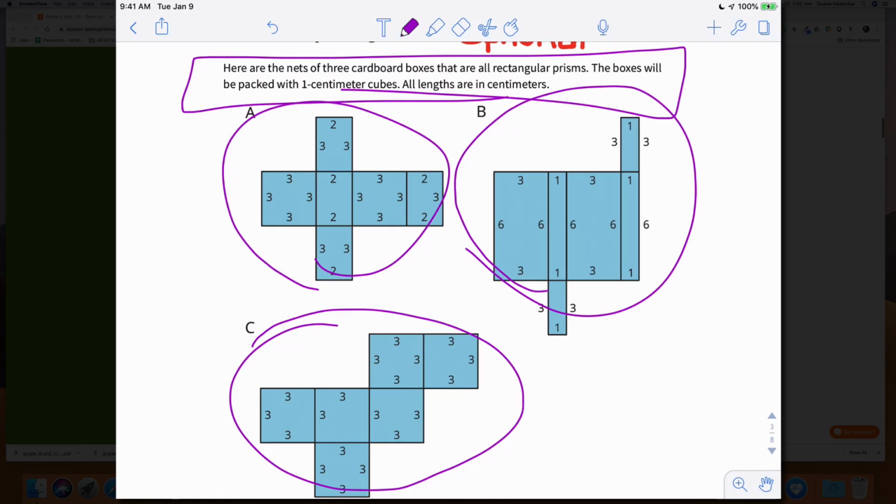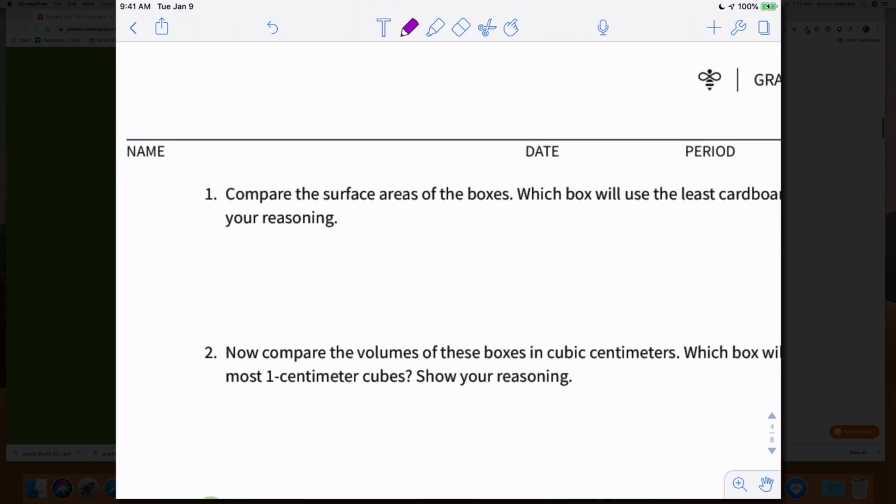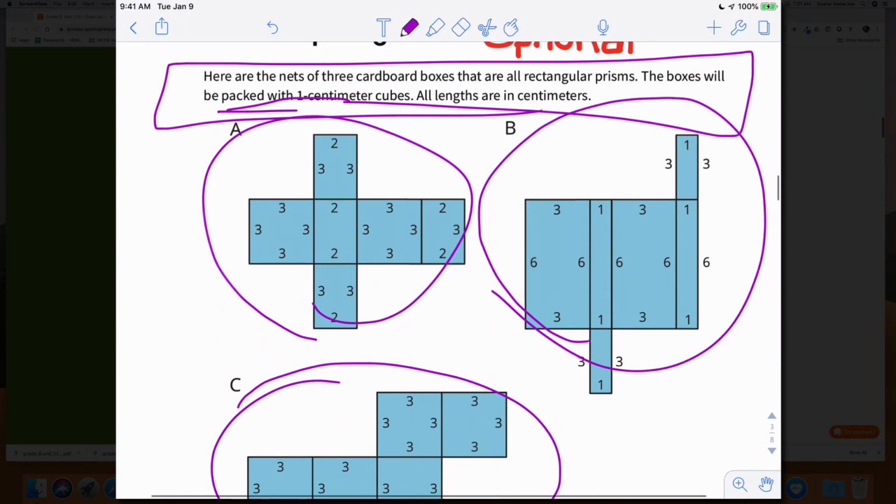And so in this portion, students are starting to connect surface area to volume, which is when you're packing a box with cubes, right? And over here, the idea is we're supposed to find all of the surface areas of the boxes. Pretty straightforward. Which box is going to use the least cardboard? How do you know? And that's basically find the area of all these faces and add them up, right?